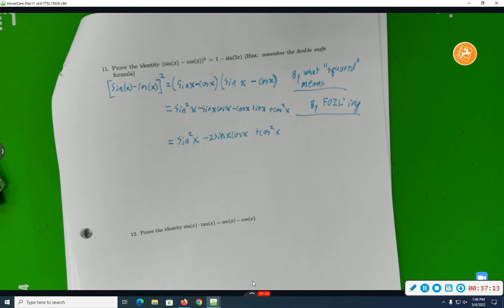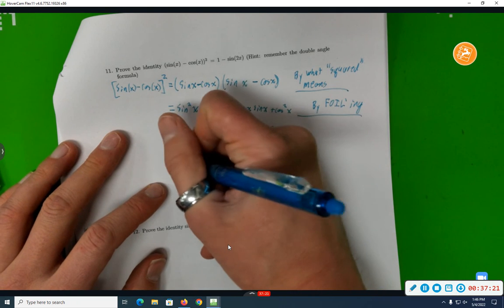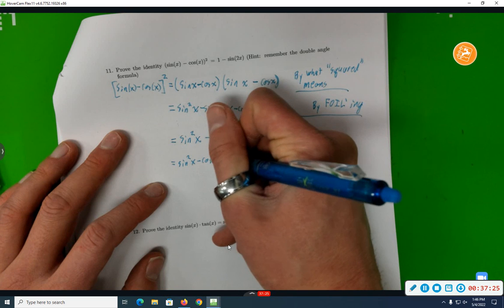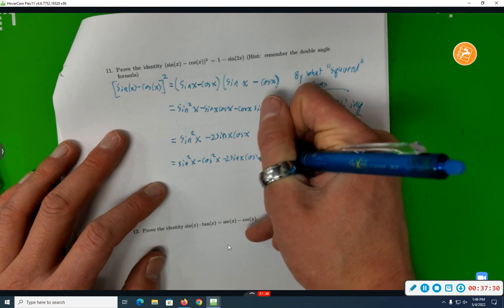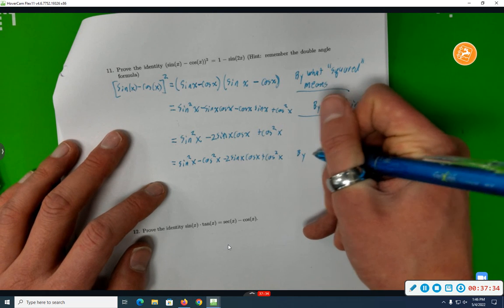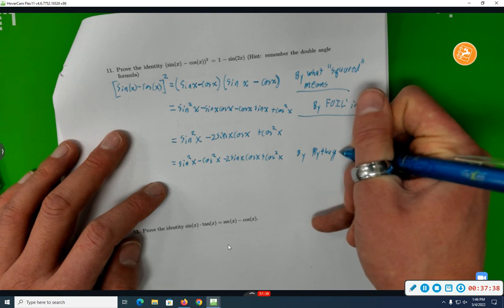Yeah. Using the Pythagorean identity, I rewrote sine squared x as 1. Oh, cool. Yeah, we could do that. It is sine squared x minus cosine squared x minus 2 sine x cosine x plus cosine squared x by Pythagoras.